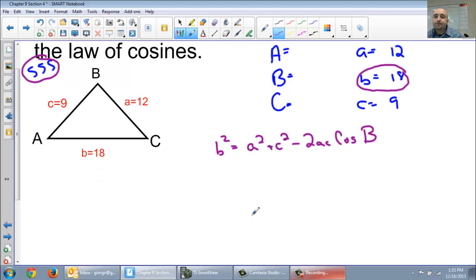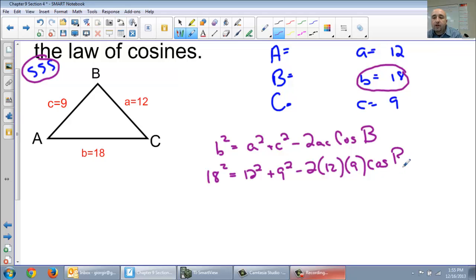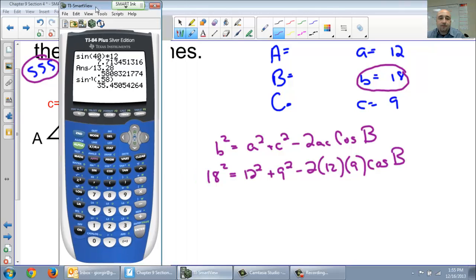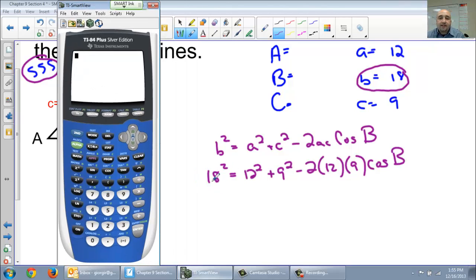Okay, so let's plug in what we know. We have 18 squared equals 12 squared plus 9 squared minus 2 times a, which is 12, times c, which is 9, times cosine of angle B, which we don't know. We're going to use our calculator to help us here. 18 squared equals 324.